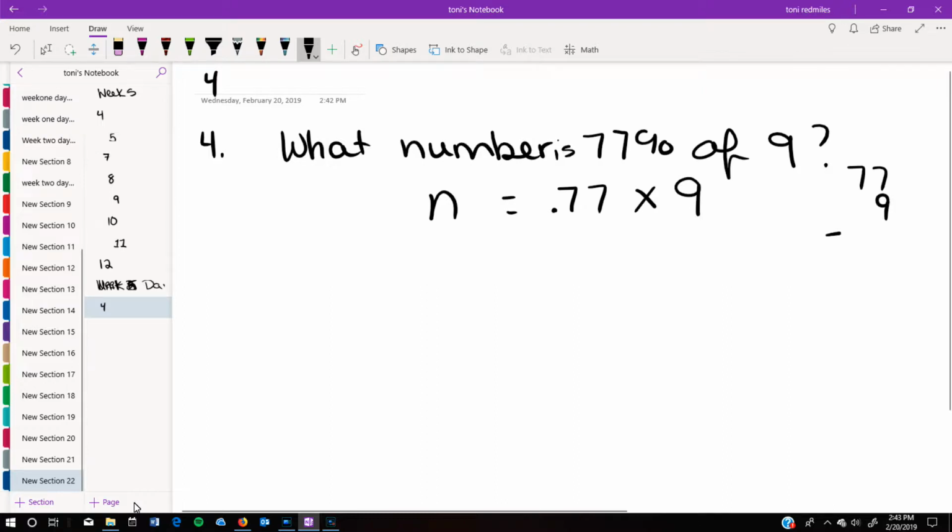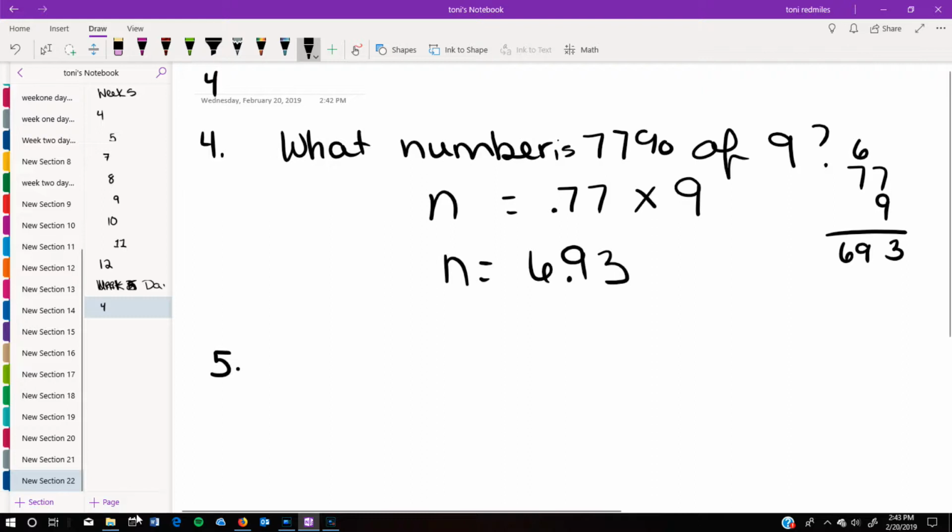So I'm going to multiply these two, and I'm going to get n equals 693, put in my decimal place at 2, and it's 6.93. Makes sense because 0.77 is over half, okay? Half of 9 is 4.5, so 6.93 is definitely higher.